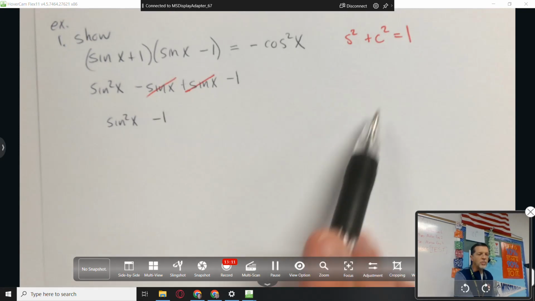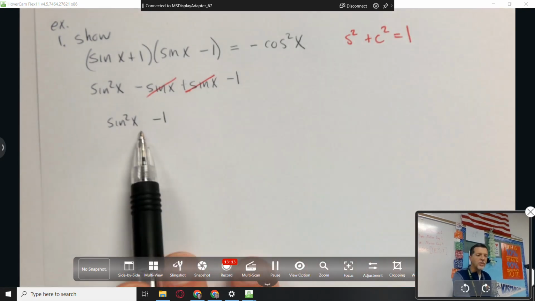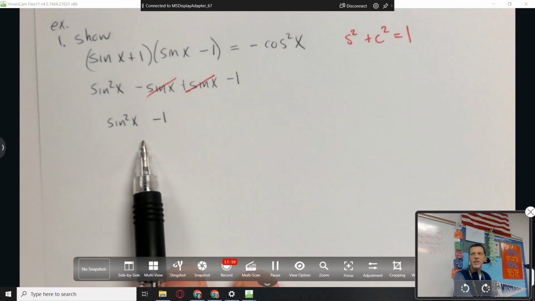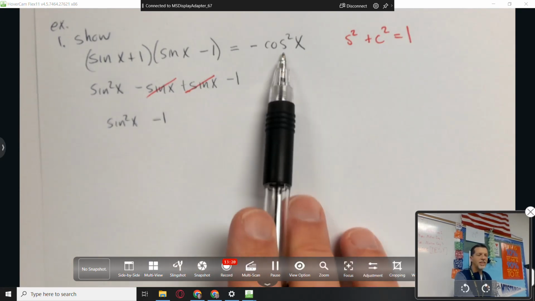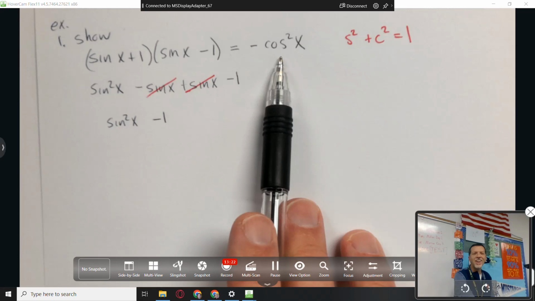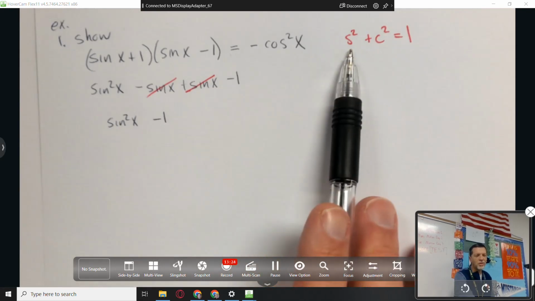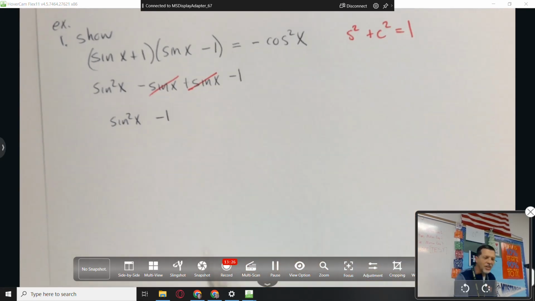So can you mentally rearrange this to know what sine squared minus 1 equals? Well, I guess at this point, yes, because we already know the answer. Sine squared minus 1 should be negative cosine squared.